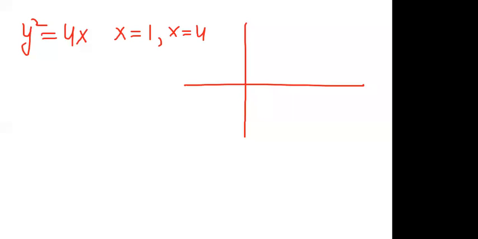So first of all, I need to make the parabola. Y square is equal to 4ax is the equation of the parabola. So that parabola we are going to make. We need to calculate the area of this parabola on the x-axis.